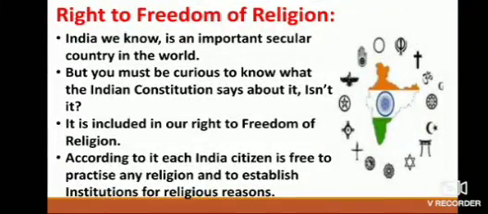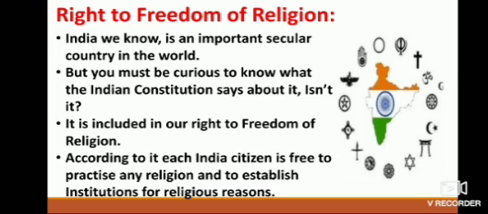Right to freedom of religion. India, we know, is an important secular country in the world. Secular country means in India, people belonging to different religions live peacefully together. But you must be curious to know what the Indian Constitution says about it, isn't it?